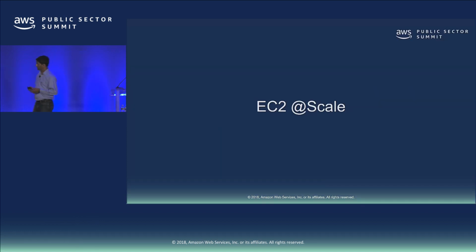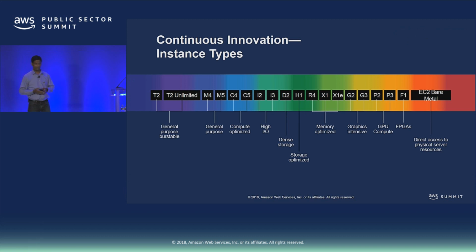All right, let's dive deep into EC2. At AWS, innovation is at the heart of every single service and the offerings, products, and features. The same thing applies to EC2.